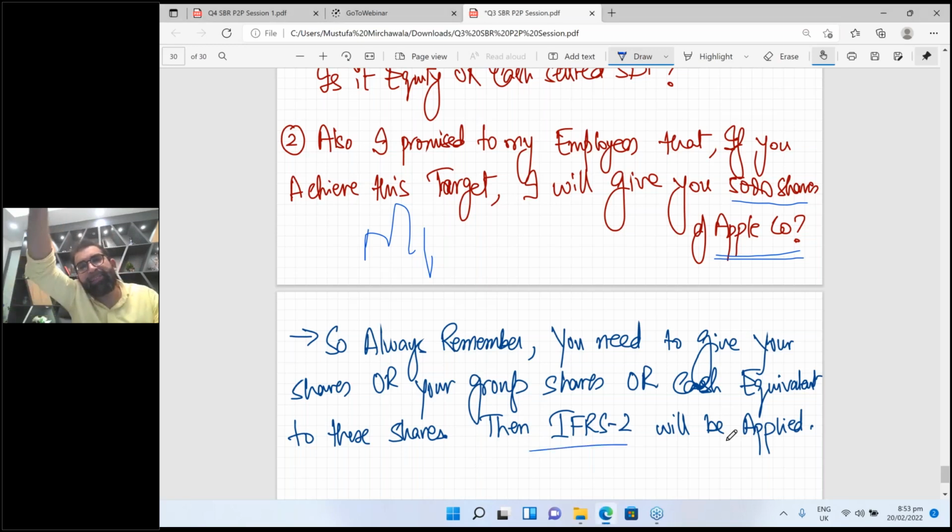If you say that we'll give you shares of Mercedes, or British Tobacco, or this and that, no, that's not in the scope of IFRS 2. So be very careful, people are very dodgy. Okay, so now let's move to the past paper.